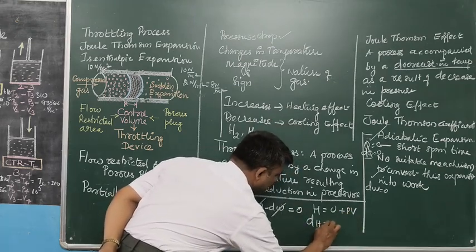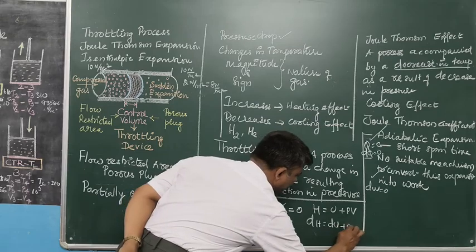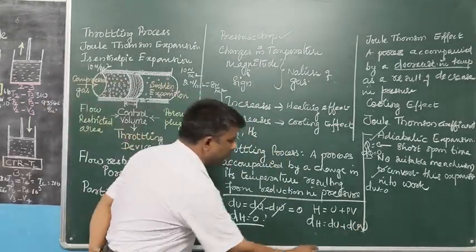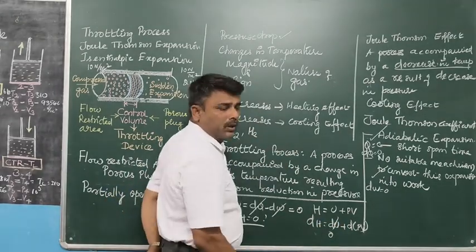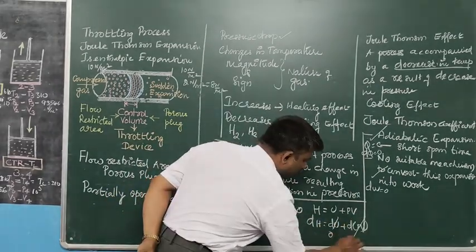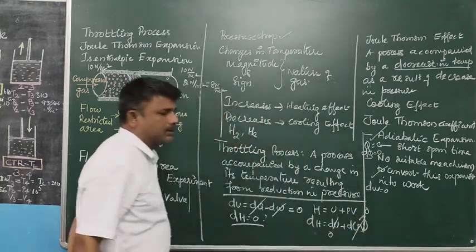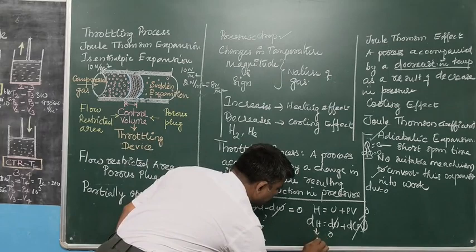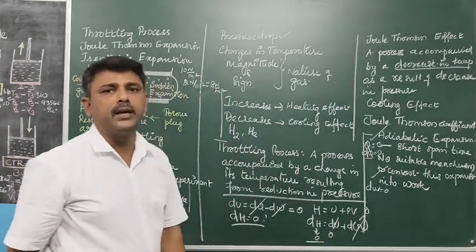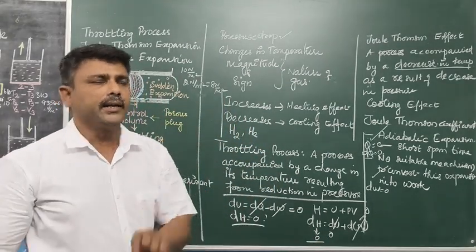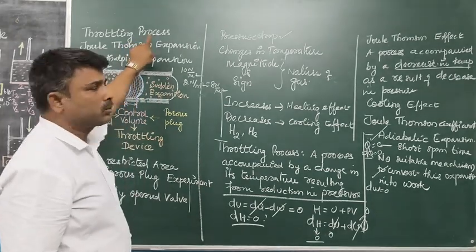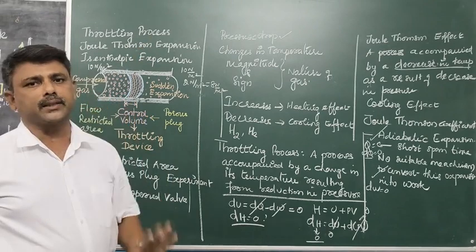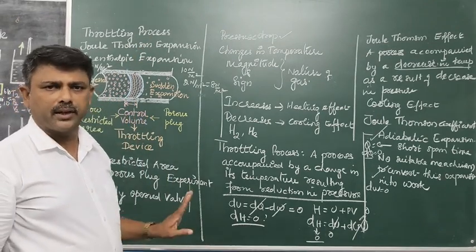Changes in enthalpy is equal to dU plus differentiation of the product P into V. Already dU is equal to 0. The product of PV is equal to work done. Work done by the system is 0. Again, changes in enthalpy is equal to 0. Changes in enthalpy is equal to 0 means enthalpy is constant. Hence, throttling process or Joule-Thomson expansion is called isenthalpic expansion. Enthalpy is constant. Clear? Right.